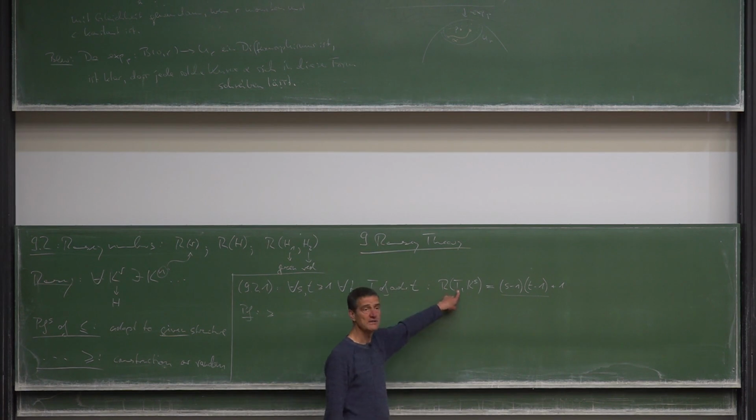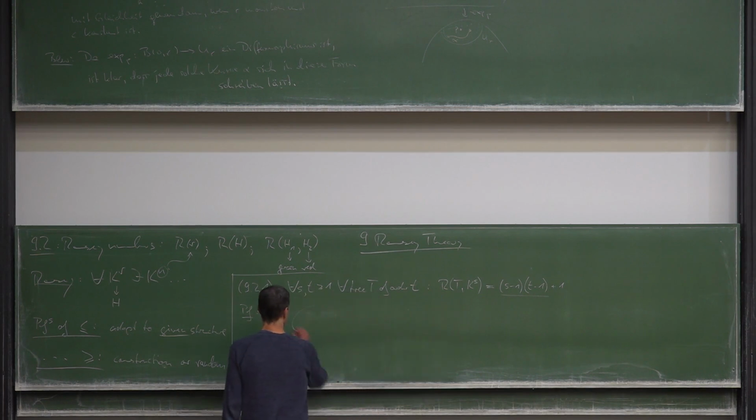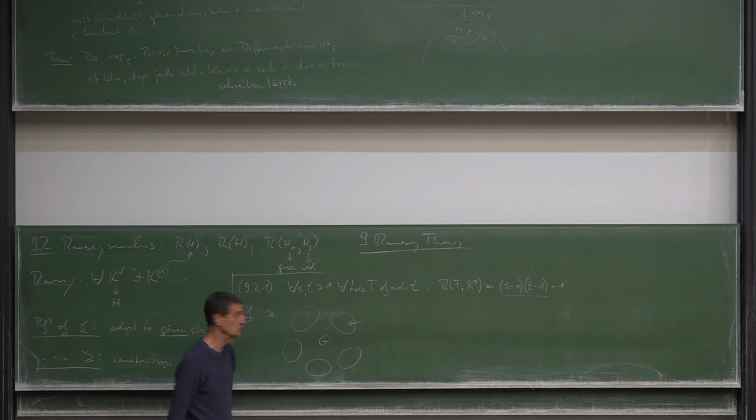So how can we make sure that G, the graph we're constructing, doesn't contain T itself? Well, one way to ensure that is by making the components of G too small.